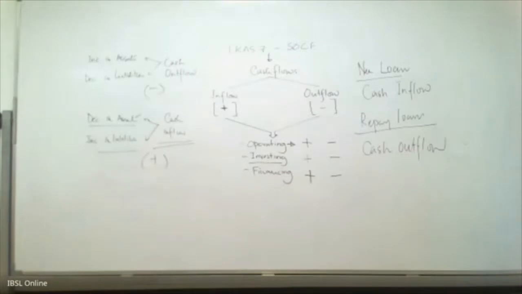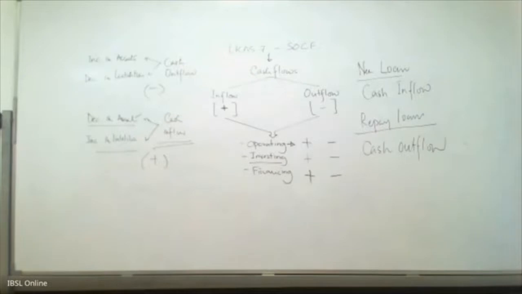Right? So our objective of doing the indirect method is to say we start with the profit before tax or after tax, and I will exclude all my non-cash elements. Say for example, depreciation. Depreciation is a book entry. Why do I call it a book entry? I will debit my depreciation expense and credit accumulated depreciation.